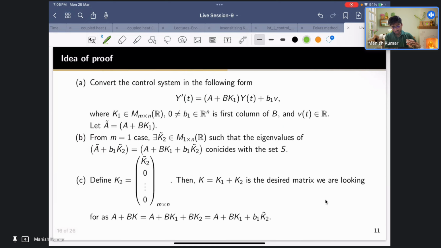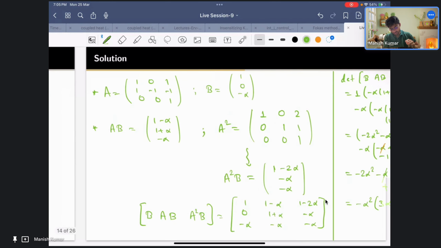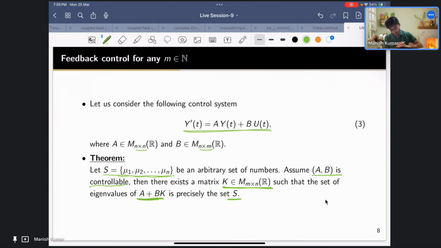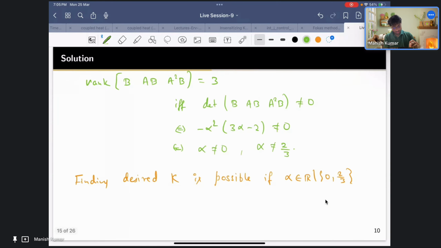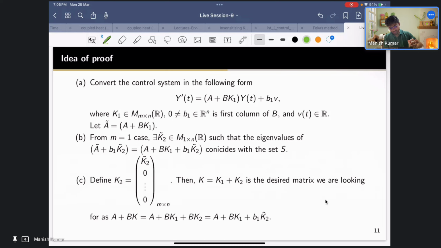Now, how to prove this theorem? In the proof, what one usually uses is this: you find some matrix k1, m cross n, such that you reduce this given system. I mean, it's not reduction basically.